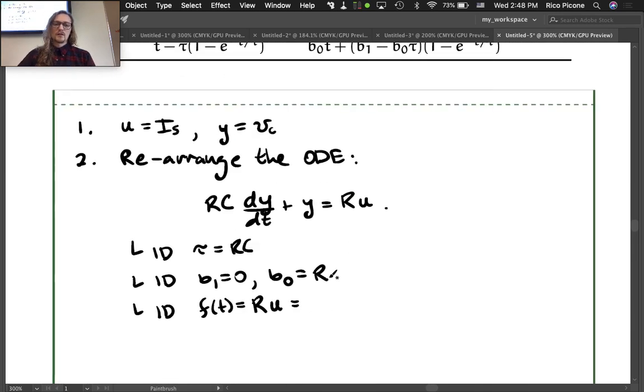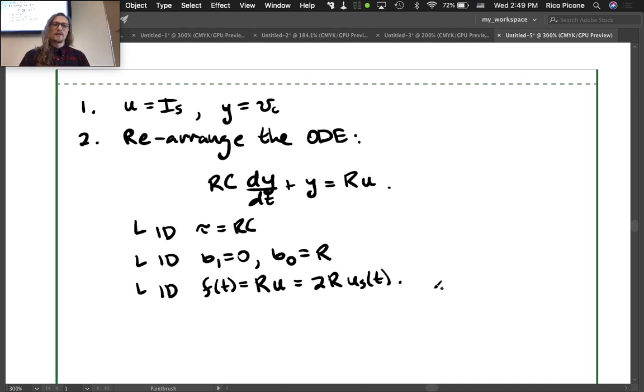So 2R unit step function. Cool. So we just rearranged and we could identify all those things just from the standard form of the first order ODE.